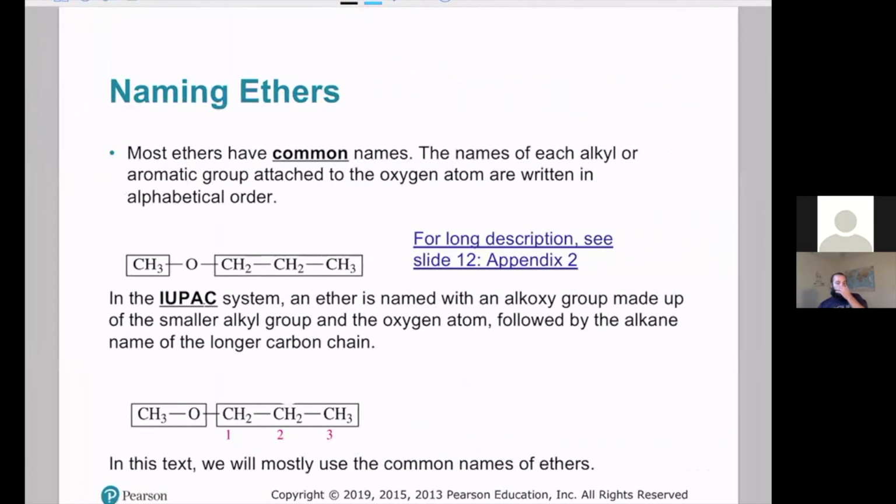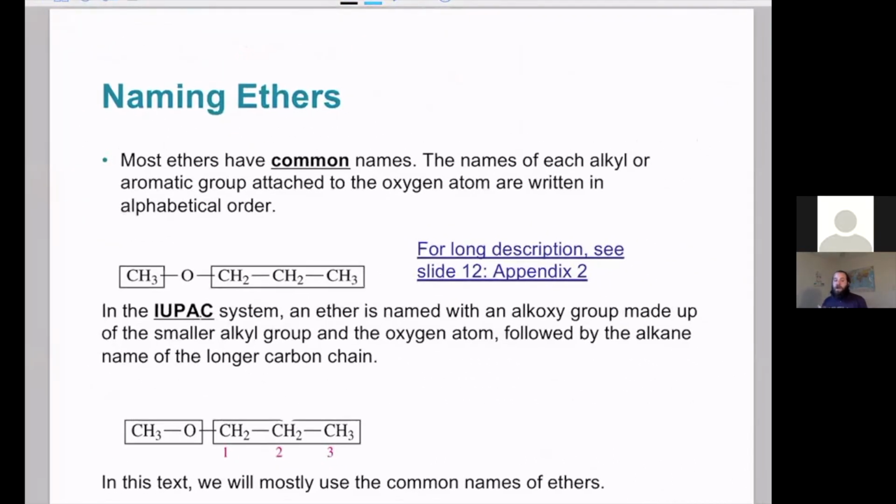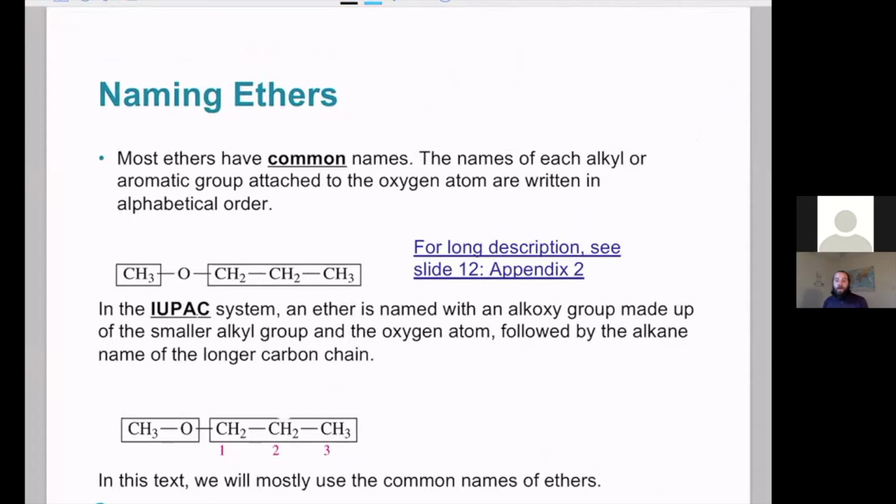Okay, how do we go about naming ethers? Basically what you do is you look on either side of the oxygen first. We're going to learn both the common and the IUPAC way of naming ethers. For whatever reason, I think because they are very commonly used as solvents, the common names for ethers have stuck around a little bit longer than some of the other ones.